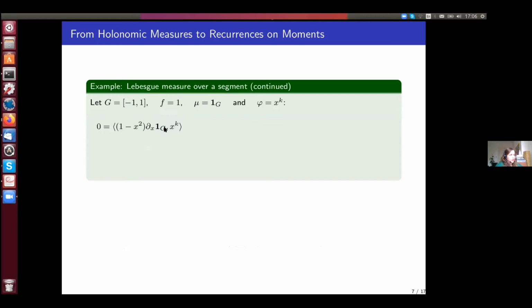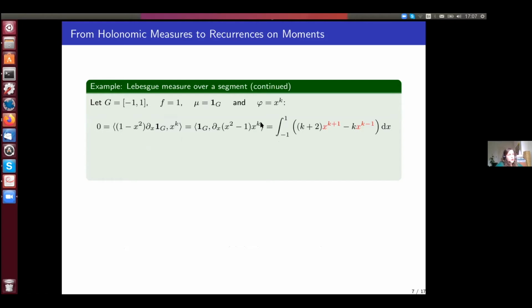Okay, so with this remark in mind, if we continue our example, we have found an operator which annihilates our measure. Then, by applying the linear relation, this becomes, like I showed before, the integral.